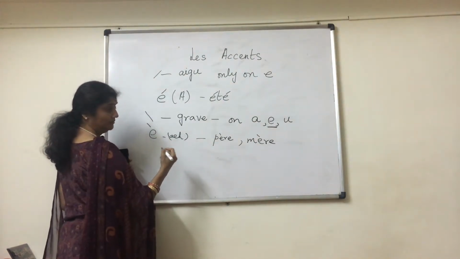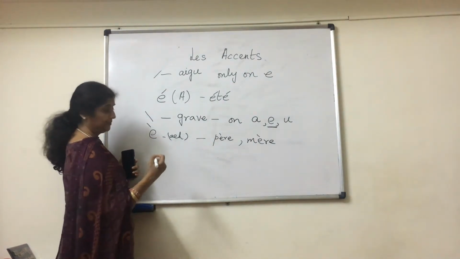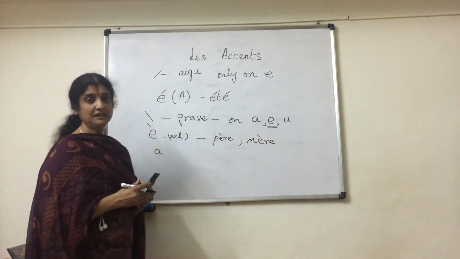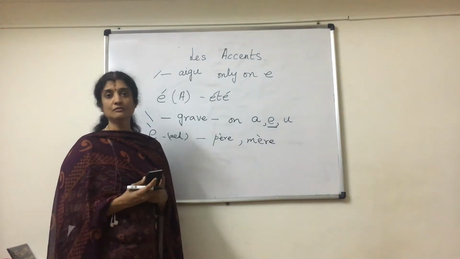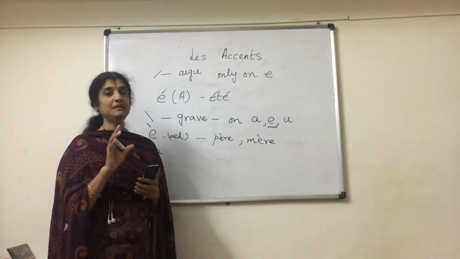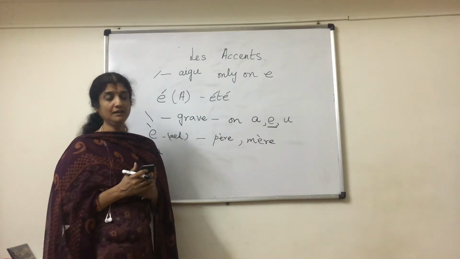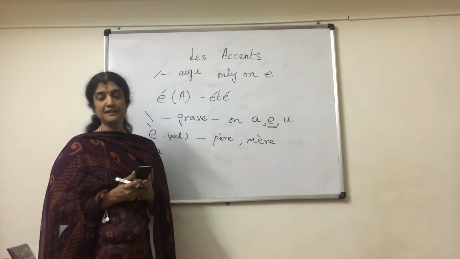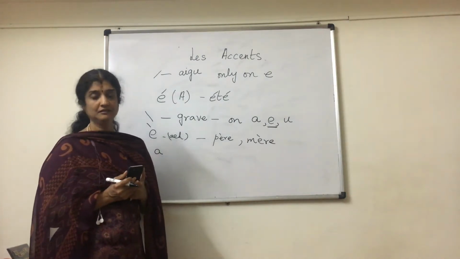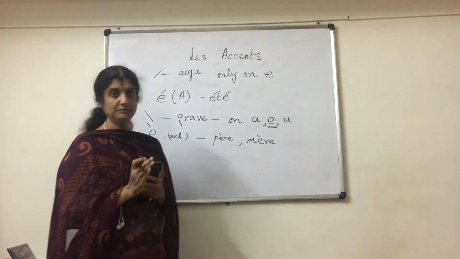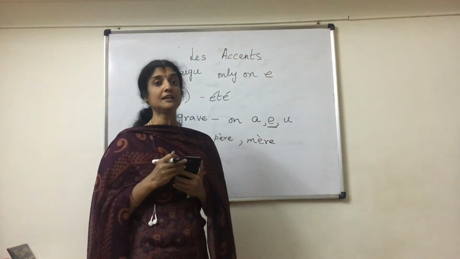Now let me come to accent grave on top of a and u. In English, we have something called homophones and homonyms. We have certain words which will be spelt in the same way, which will be pronounced in the same way, but which will have different meanings. For example, when you say right, R-I-G-H-T, right can be the right side, it can also be correct.